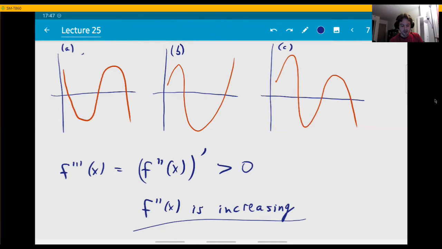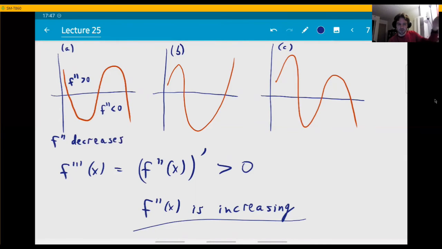Looking at the graph A, this is right here a location where the concavity is positive. F double prime is positive because we have a smile. But then it becomes a frown later. F double prime is negative. You see that F double prime went from positive to negative. F double prime decreases.